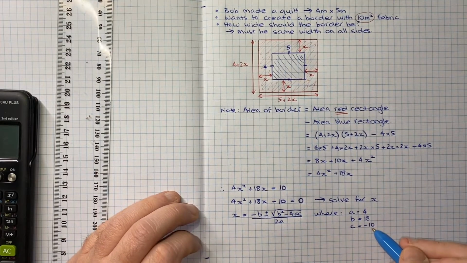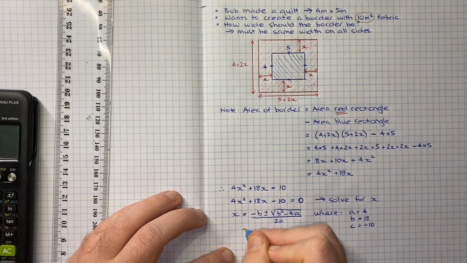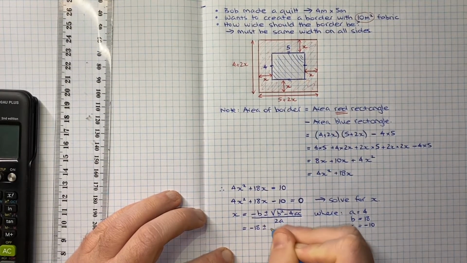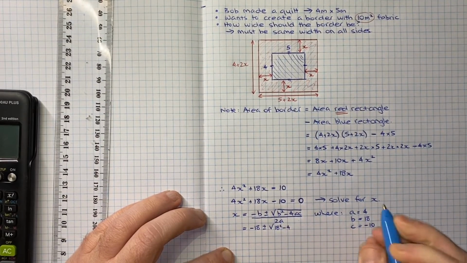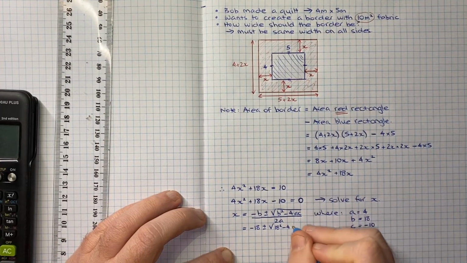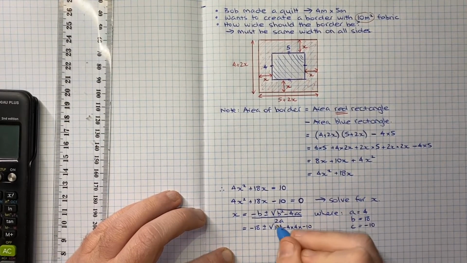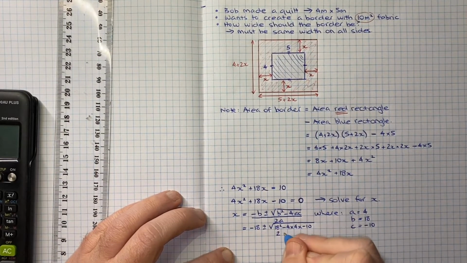So we've got to make sure we catch that negative as well. So if we throw those values in, we'll get x being equal to negative 18 plus or minus the square root of 18 squared minus 4 times 4 times -10. And that's all going to be divided by 2 times 4.